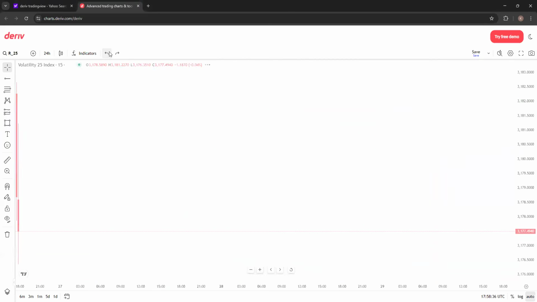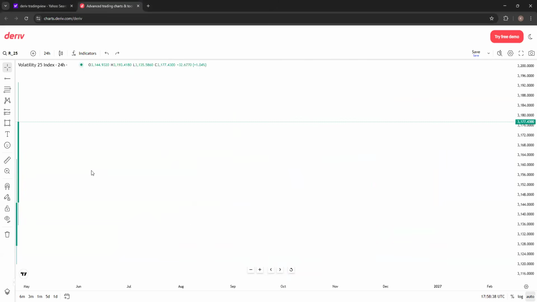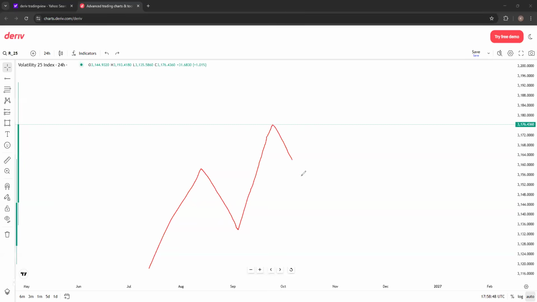So let me do this. When we are having market structure, we want to have a high and a low, a high and a low. These lows should not come and break the previous lows, but they should trend above the previous lows and then go up, right?